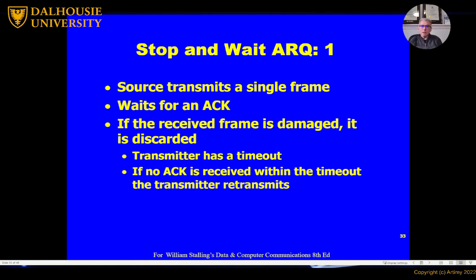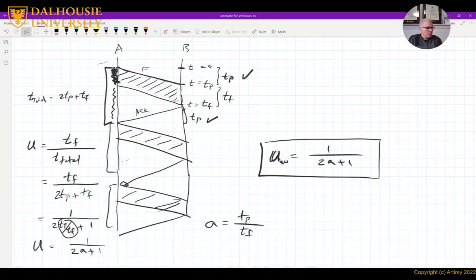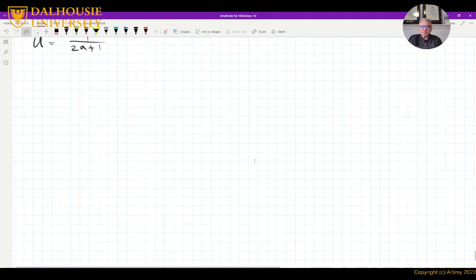Does it mean B doesn't want any more data to come, or B is saying that the frame is not being received correctly, or maybe the acknowledgement was lost? So we have multiple situations that we have to deal with, right? So we need to improve our stop and wait a little bit.